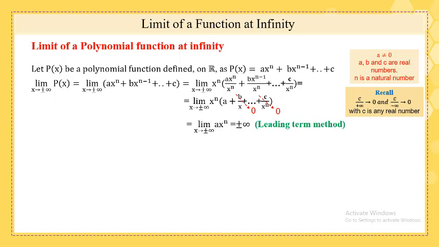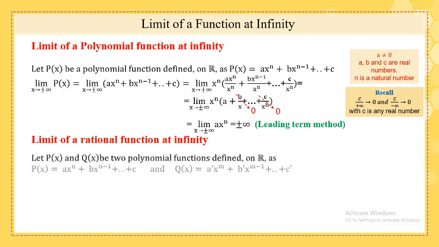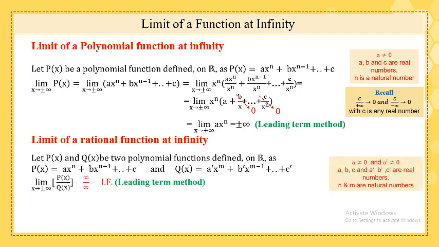Similarly, we now need to find the limit of a rational function at infinity. P of x and Q of x are two given polynomials. To find the limit of the ratio of P(x) over Q(x) as x tends to plus or minus infinity, we consider their leading terms. The limit will be equal to a x^n over a prime x^m.